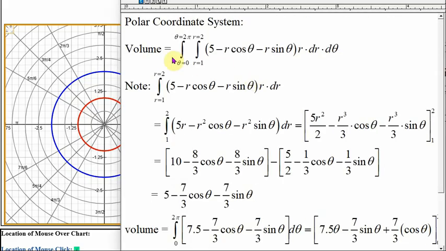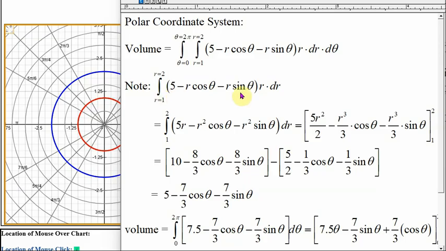And so this is what the double integral in polar coordinates looks like. It'd be the double integral with theta running from 0 to 2 pi, and then r running from 1 to 2, and then the height function will be 5 minus r cosine theta minus r sine theta times r dr d theta.